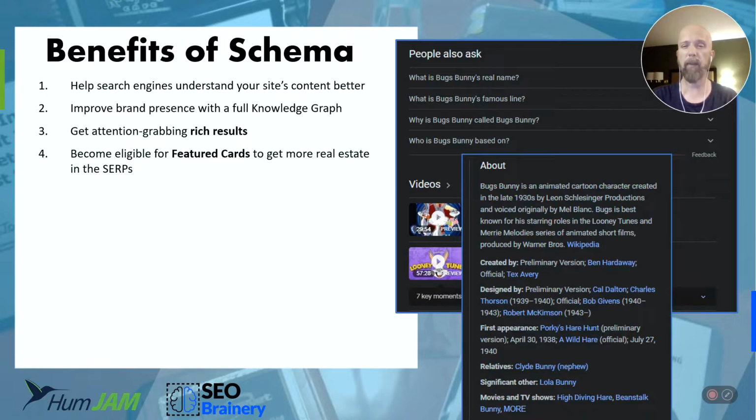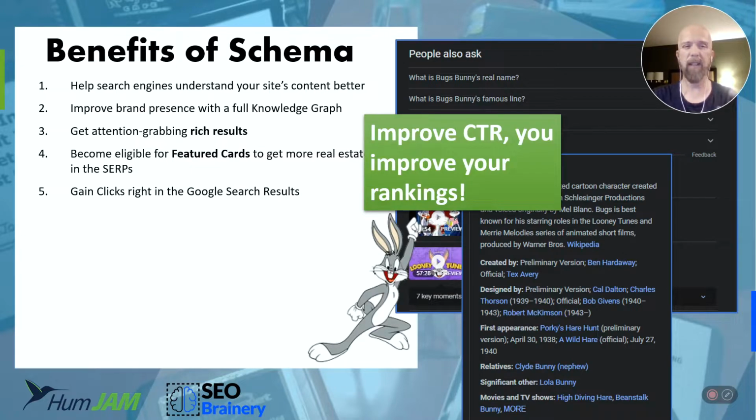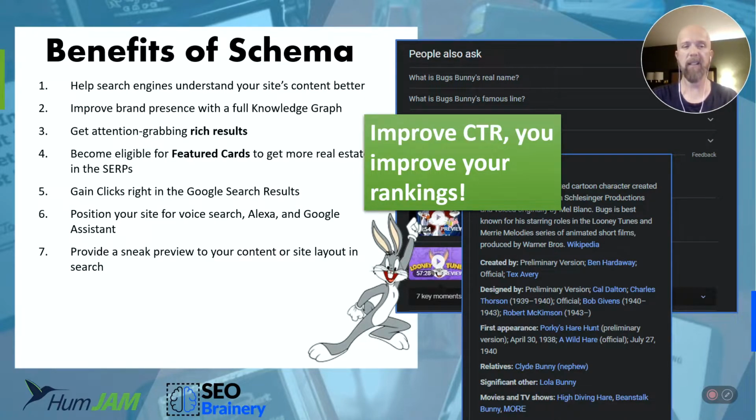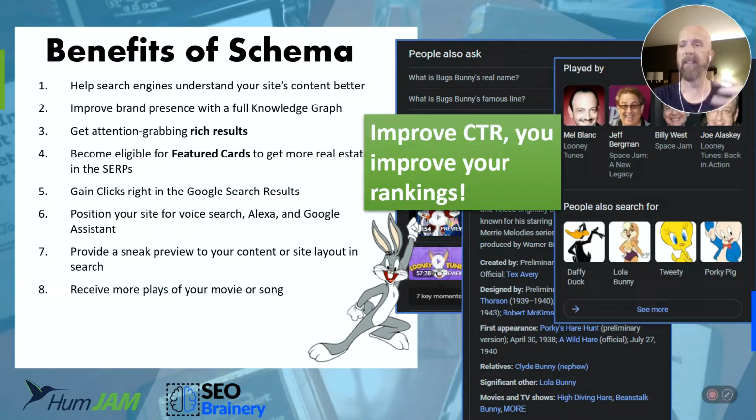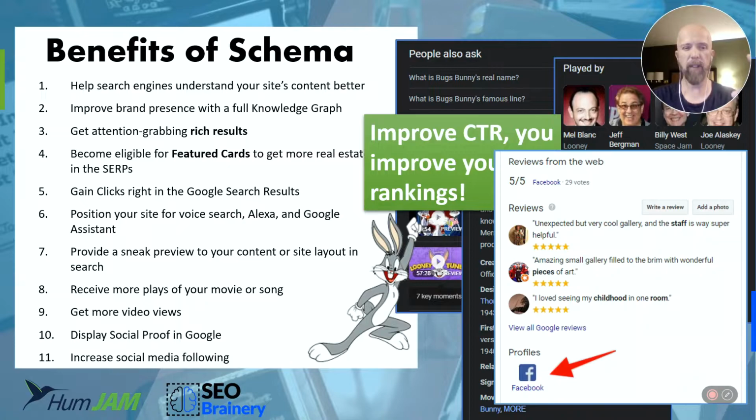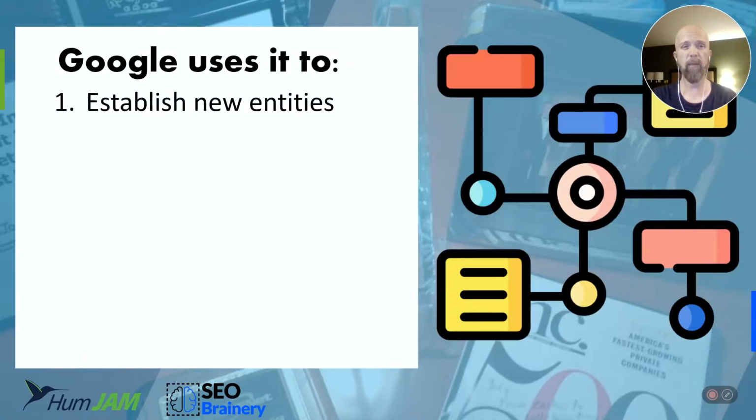Get attention grabbing results, be eligible for featured cards to get more real estate, gain clicks right from search results, position your site for all different kinds of things, get a sneak preview in your content, replay your videos and songs right from there, get more video views, display social proof right in Google with different search features like you see these stars here, and increase your social media following, all right from using schema on your page.